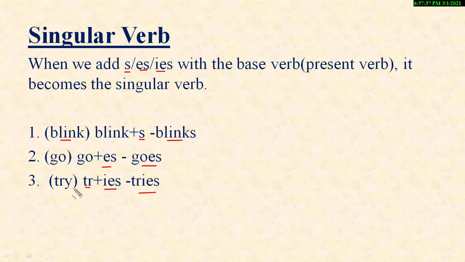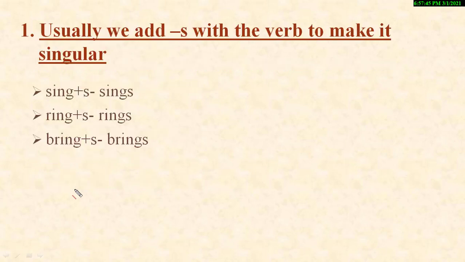Now where to add s, where to add es and where to add ies? Let's see them one by one. Usually, we add s with the verb to make it singular. Like we have the verbs here. The first verb here is sing. We add s with the verb, it becomes sings. So sings is a singular verb.